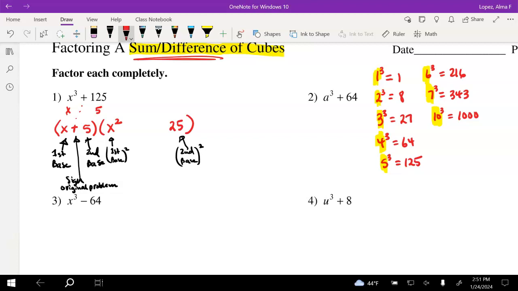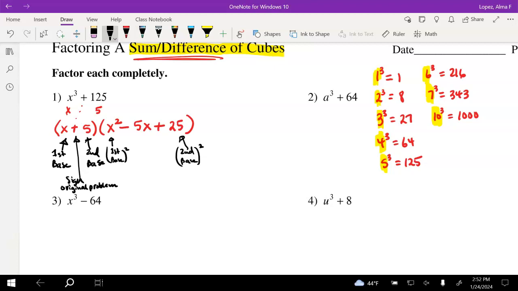To get the middle term, we're going to multiply our two bases together. X times 5 is 5x. And the signs. This sign will always be a plus. It's never going to be anything different. But this sign is going to be the opposite of what was in the original problem. So if this one was a plus, this one is a minus.